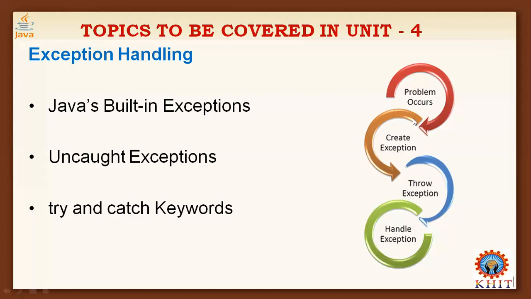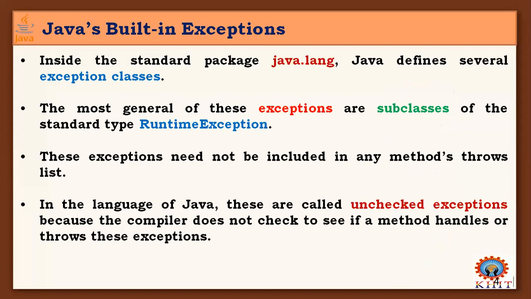The first concept is Java's built-in exceptions. In the package called java.lang, this package defines several exception classes. Every exception type may be generated in our programs, and every exception has its own class.